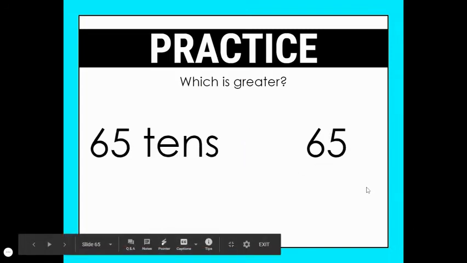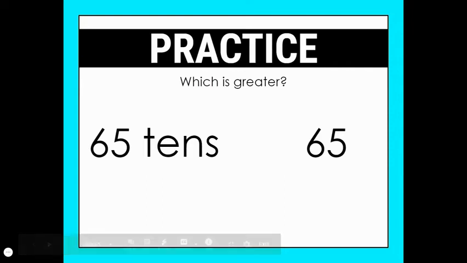So now let's look at my 65 tens or 65. Which one would be greater? Well, when I think about 65 tens, if I think about drawing that out or using my base 10 blocks, I'm going to be counting 65 of those tens. 10, 20, 30, 40, 50, 60, 70, 80, 90, 100.